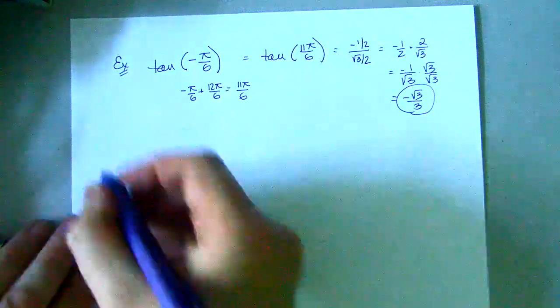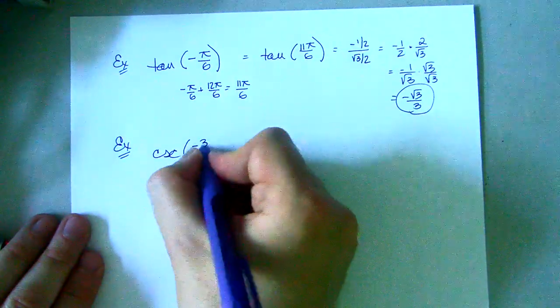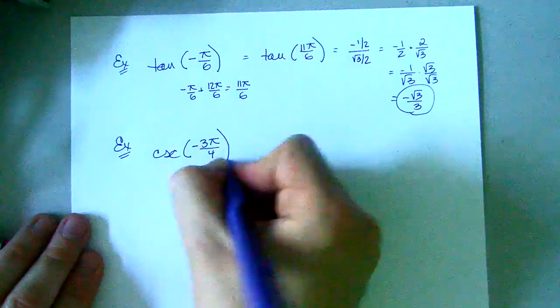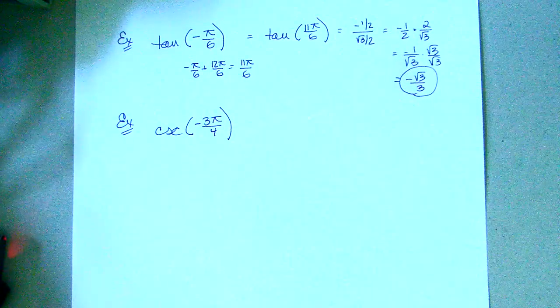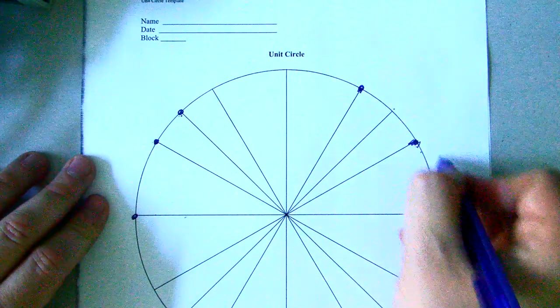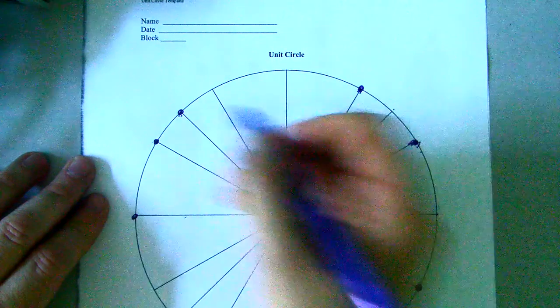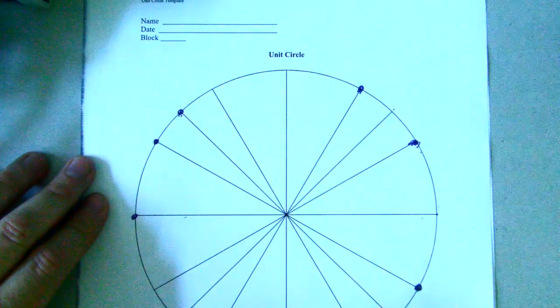One last one. Let's do the cosecant of negative 3 pi over 4. Two ways to think about this. I know that 3 pi over 4 is over here, so I want to spin the same amount in a negative direction. That'll put me over here.